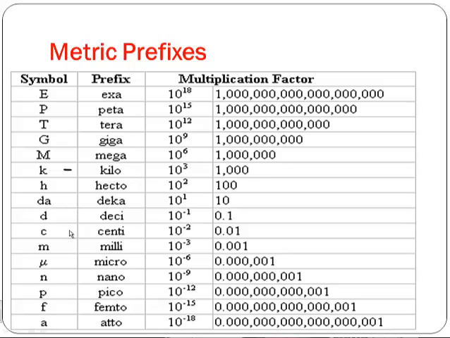The other one that you should be very familiar with is centi. Centi is equivalent to 10 to the negative 2, 0.01. So a centi is 1/100th of the base unit, 1/100th of a meter, 1/100th of a gram, 1/100th of a liter, whatever the base unit is. Milli is equivalent to 1,000ths.